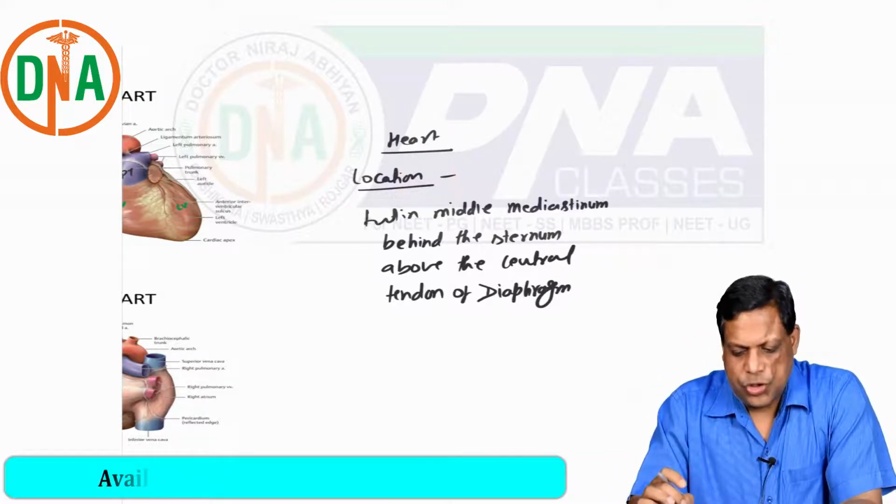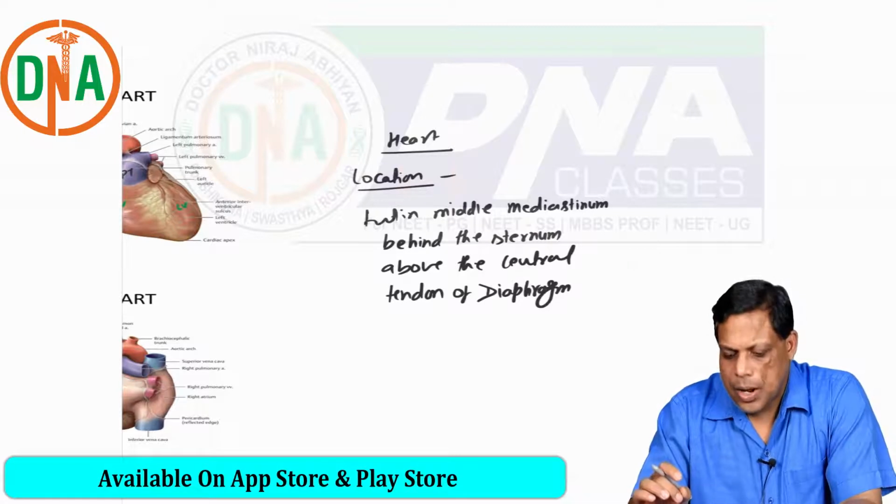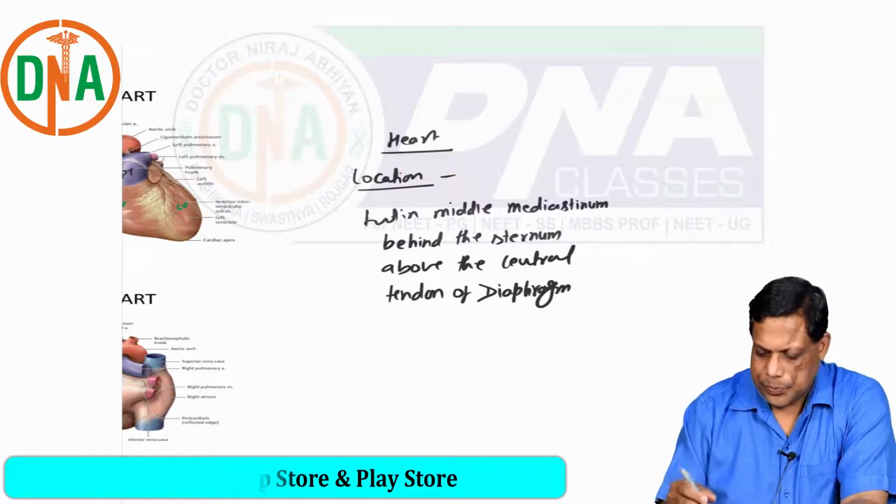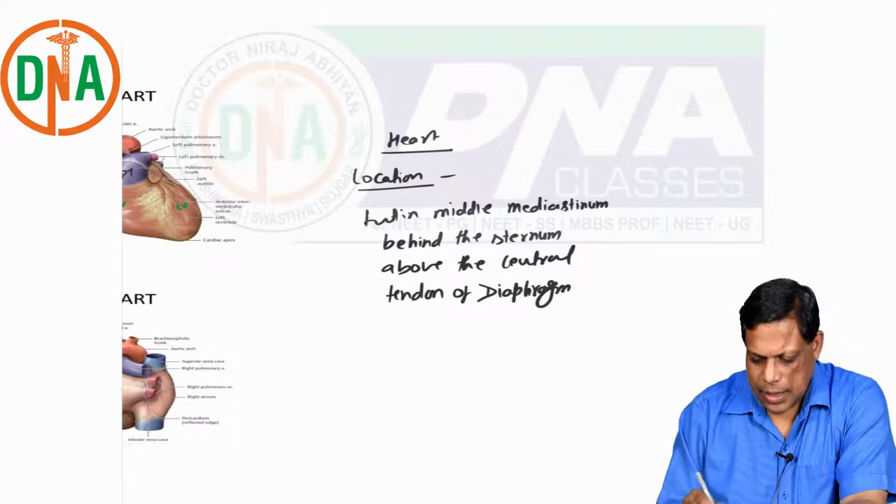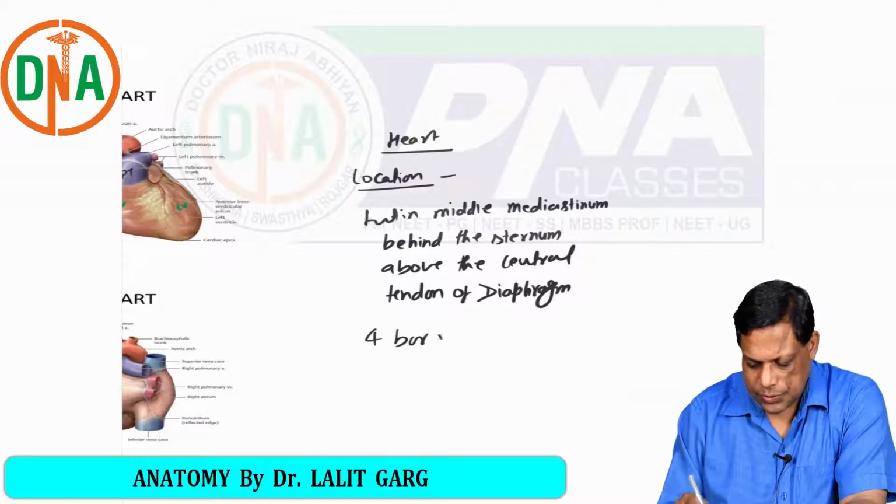So this is the position, or the location, of the heart. Now this heart has four borders.